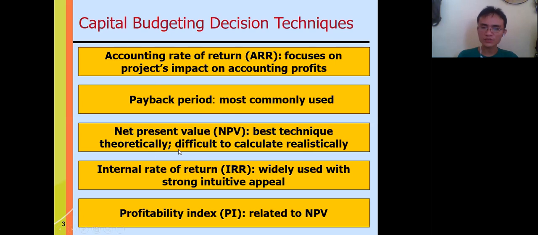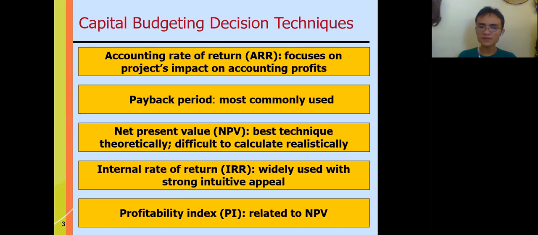Next, net present value is basically the margin of the project's present value of cash flows less the cost of that investment. So when we say margin, that's the additional or extra amount. Next, internal rate of return is basically the return that is to be estimated or interpolated, wherein this is the rate at which the cost of the investment would equate to the present value of the net cash flows of the company.